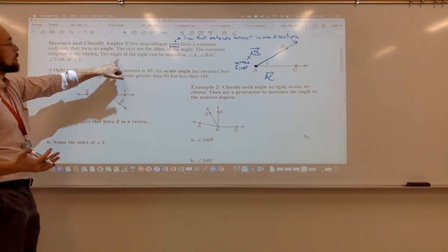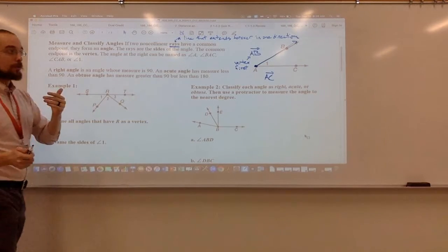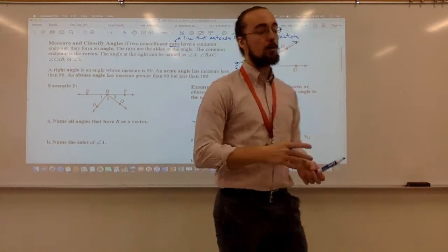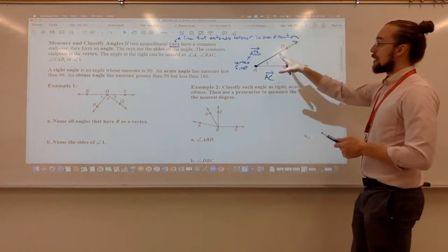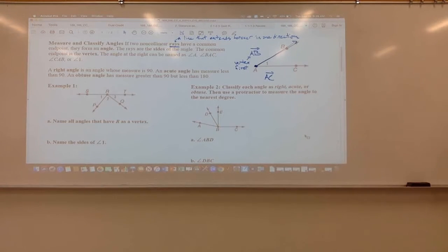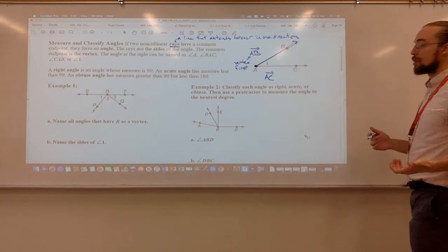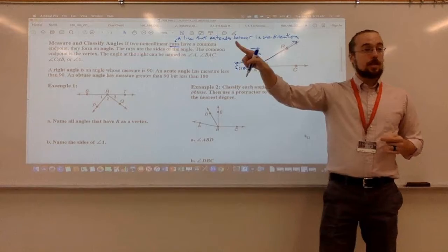All right, so let's talk about naming angles then. There are multiple ways to name an angle, but the key is to figure out where the vertex is. So if I'm looking at this angle, the vertex is point A, the point where the two rays meet, the point in the middle of the angle. I can name an angle just using the vertex.